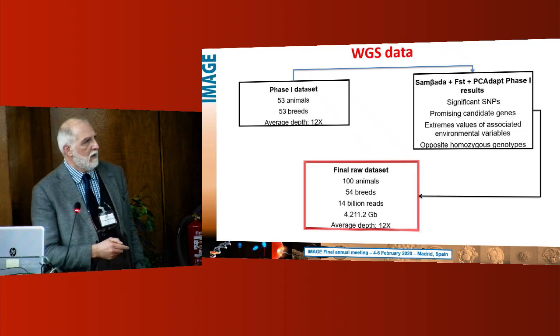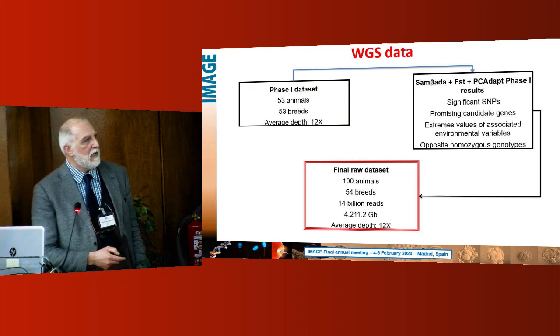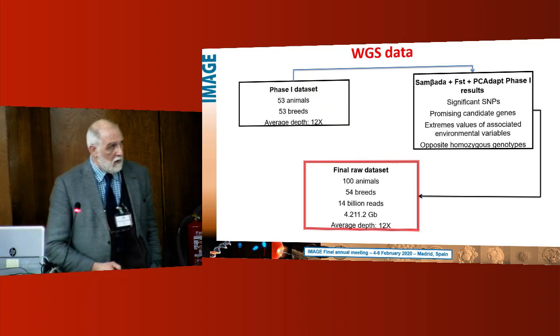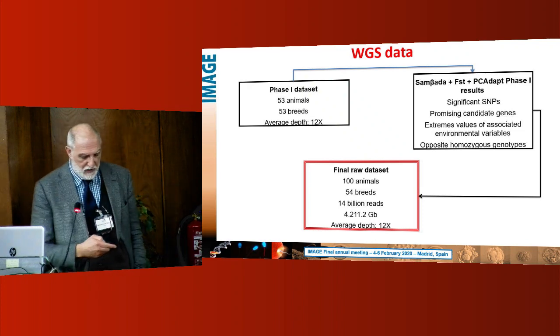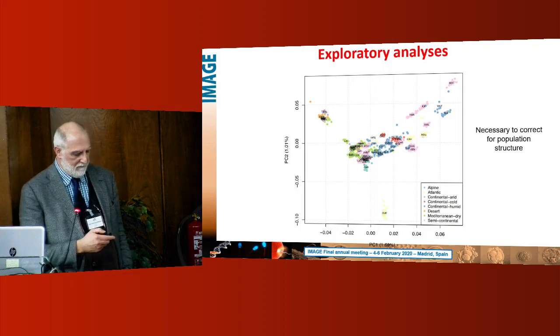At the end, we increased the number of animals to 100, but the number of breeds only to 1. There was a lot of data, 14 billion reads with more than 4,000 gigabases of data. The average depth was 12 times.